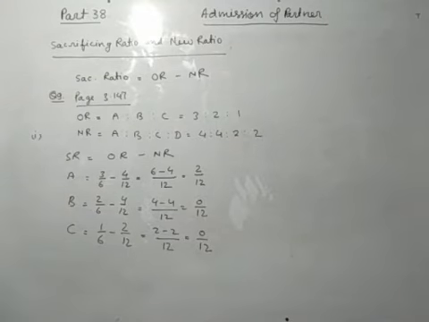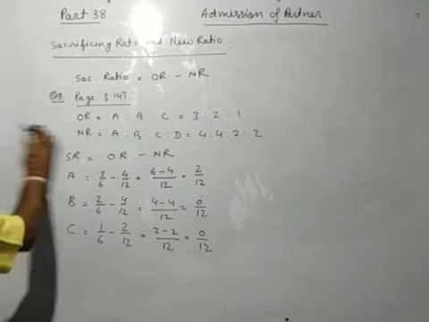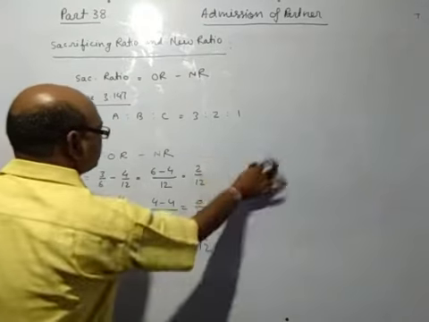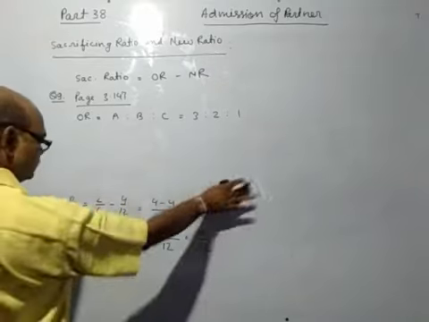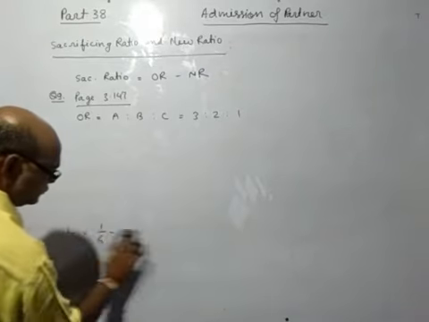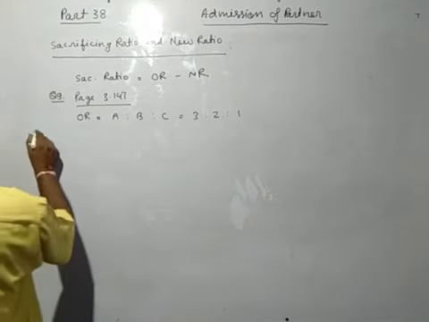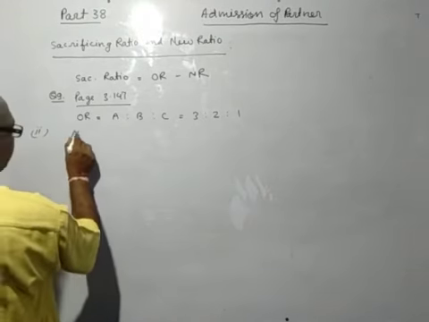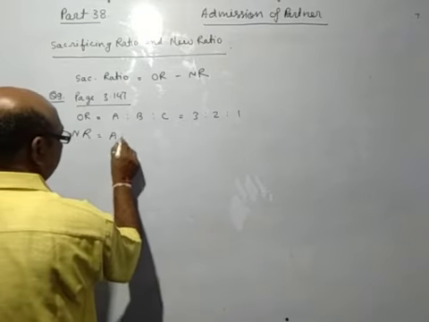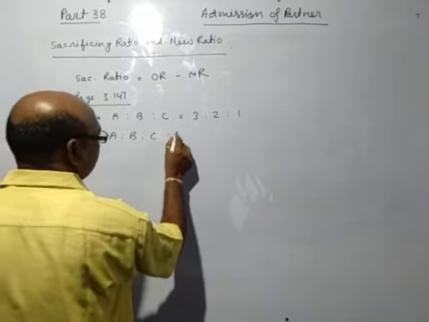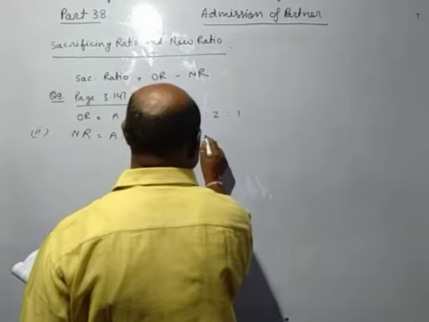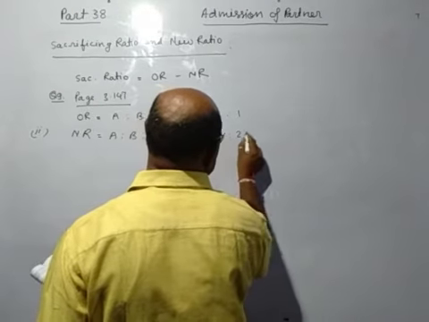Second case, it is saying new ratio A is to B is to C is to D is given as 2:4:2:4.